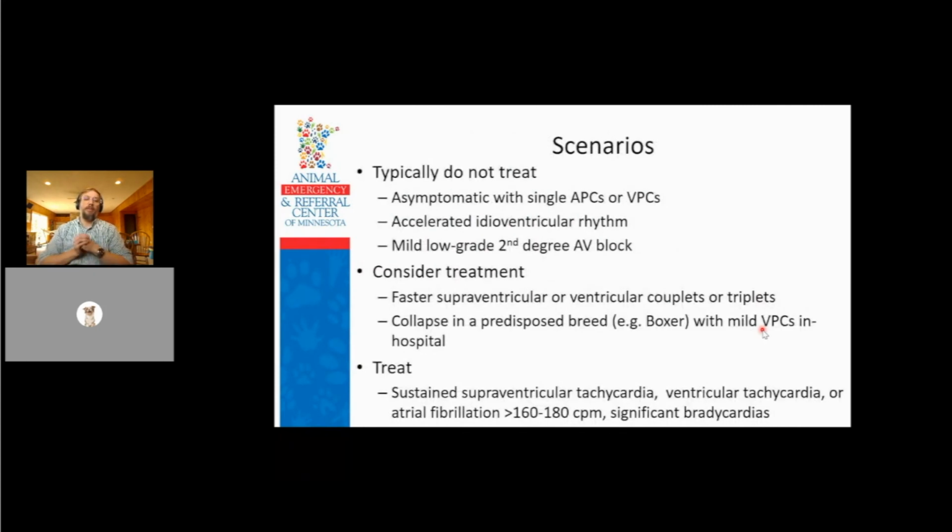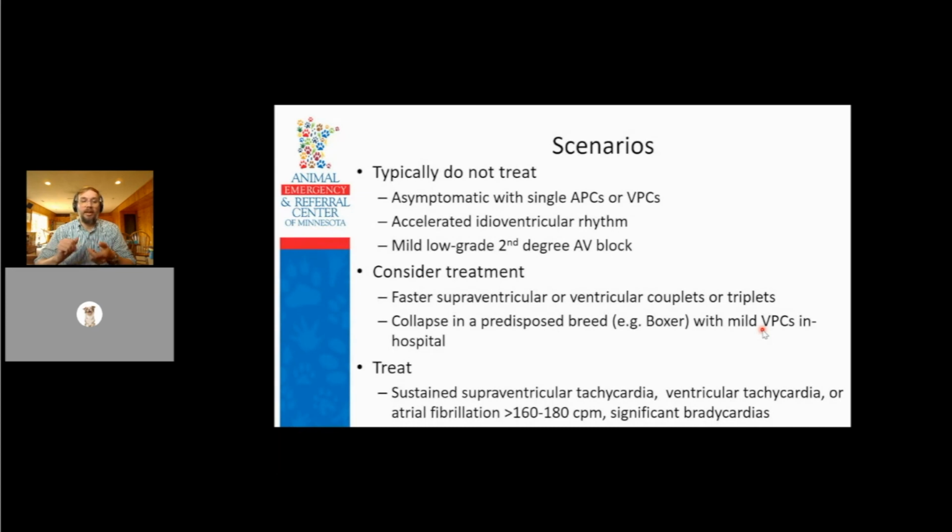So when do you treat, and when don't you? Typically, I don't treat if they're asymptomatic with just single APCs or VPCs. I usually don't treat accelerated ventricular rhythms that are very stable and regular, and I usually don't treat mild second degree AV block.